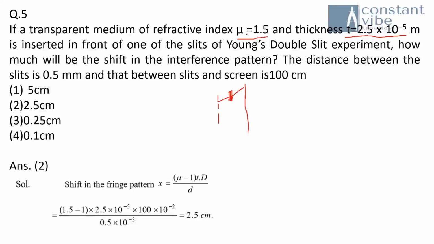Mu is equal to 1.5 and the thickness is 2.5 into 10 to the power of minus 5 meter. How much shift will happen in the interference pattern? The distance between the slits is 0.5 millimeter, that is the slit separation.